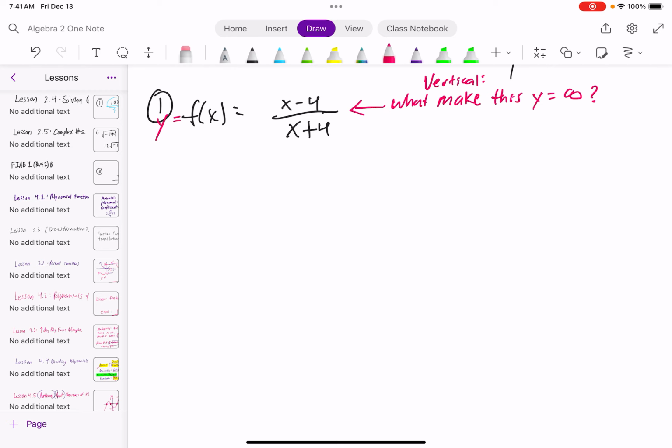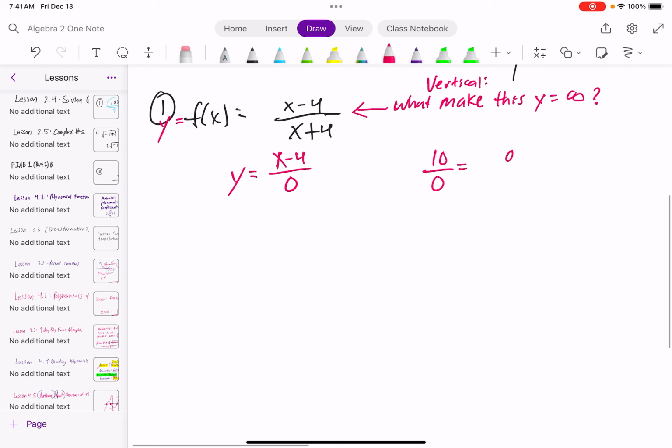So I know if y is equal to something, right? Let's say it was x minus 4 over 0. Do you know what 10 over 0 equals? That means out of 0 slices of pizza, you get 10.